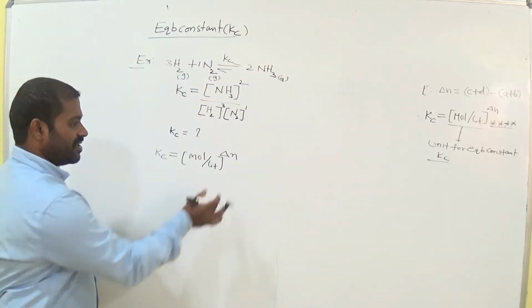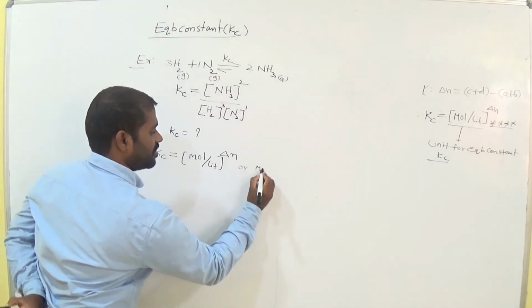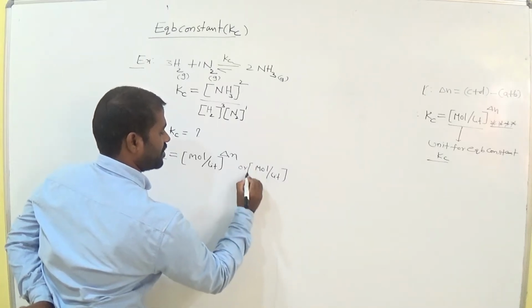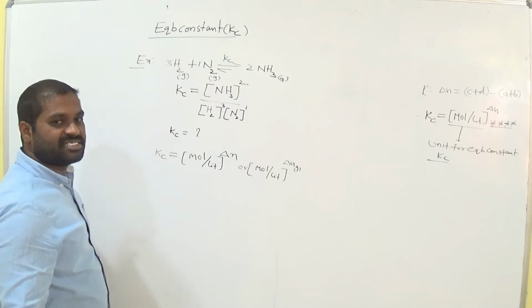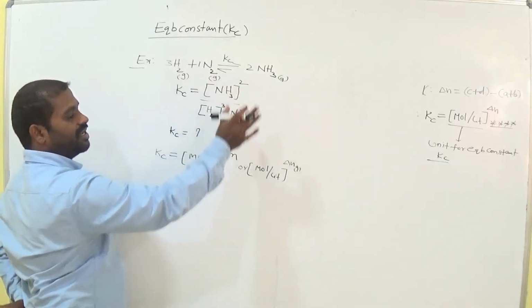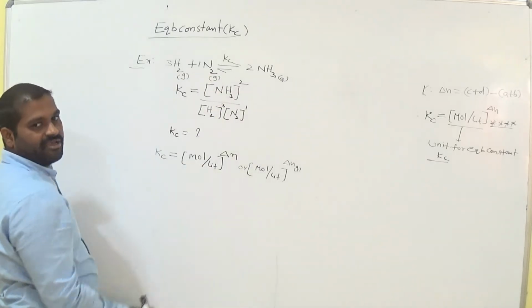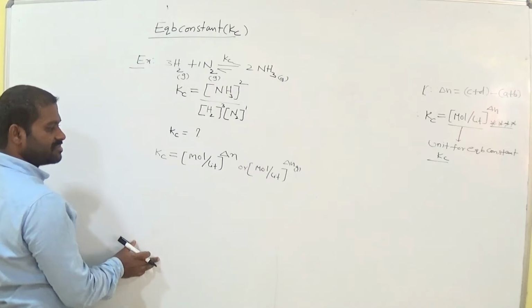Okay. So now here, the units are mole per liter whole power delta n g. G means gaseous state, because here all the molecules are in gaseous state, that is the equilibrium expression for the gaseous chemical equilibrium. That's why it is delta n g, or delta n.